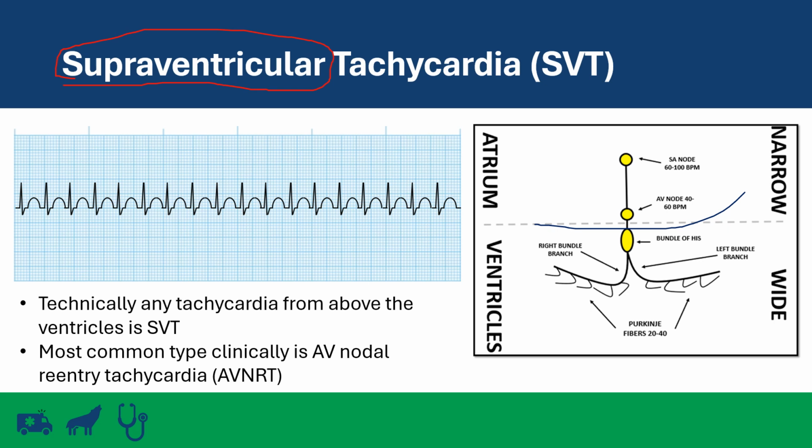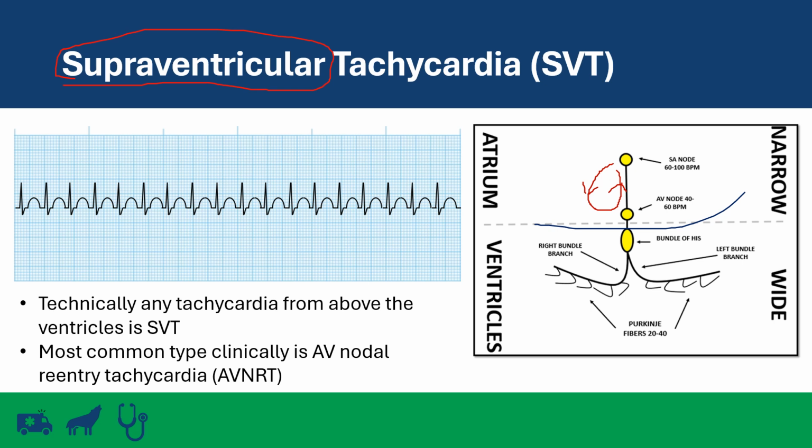So generally what happens in AV nodal reentry tachycardia is you have an impulse that gets released in the atria, and it kind of goes back and forth, it gets bebopped back and forth between the SA node, the AV node, and the ventricles.